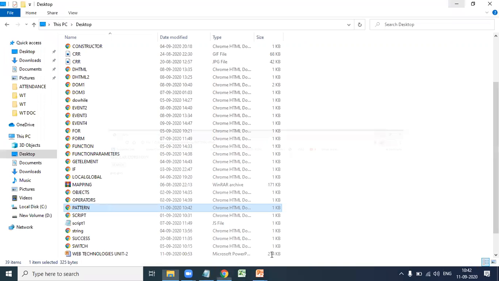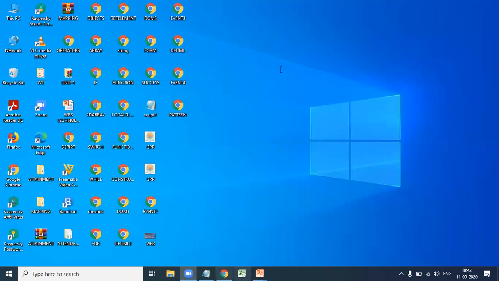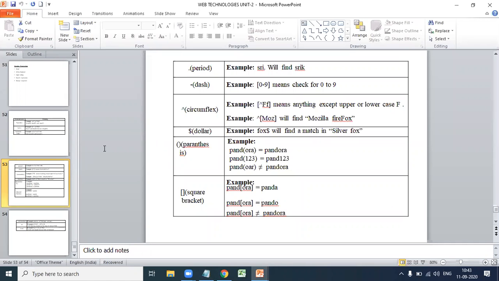If you give the answer, let us go to the next topic also. Please respond in the chat box with your answers. Here, is pond of square bracket of ORA matched with Pandora or not?